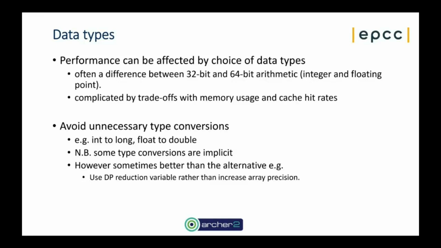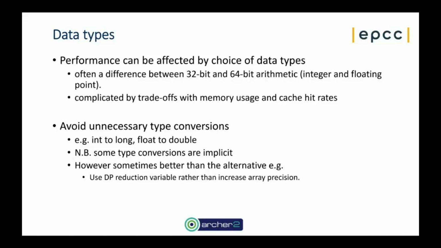And so if you can get away with using lower precision, smaller data types like 32-bit, so that'd be a float or a single precision data type, then you can get more instructions through, you can get more performance out of your processor for a lot of functionality.